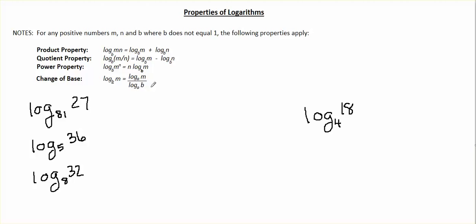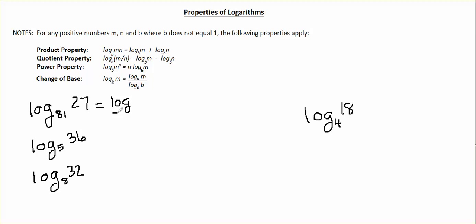So let's go ahead and put it into practice. And let's try this one. So the first thing I notice about this logarithm is that 81 and 27 are both powers of 3. So I'm going to change my logarithm to a base 3. And the way that I do that is I write log over log.